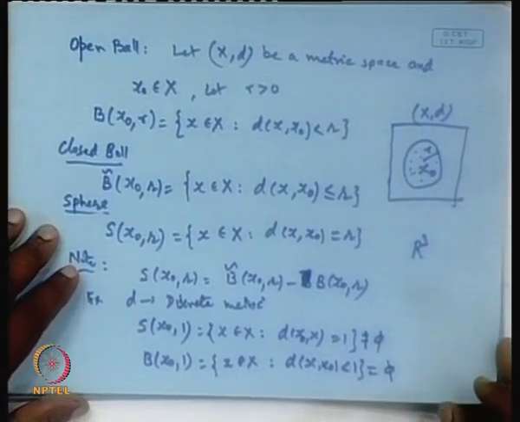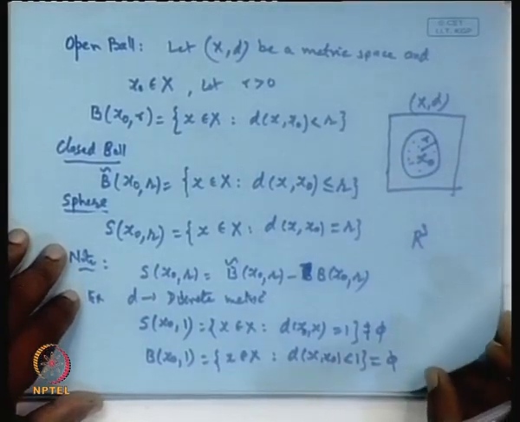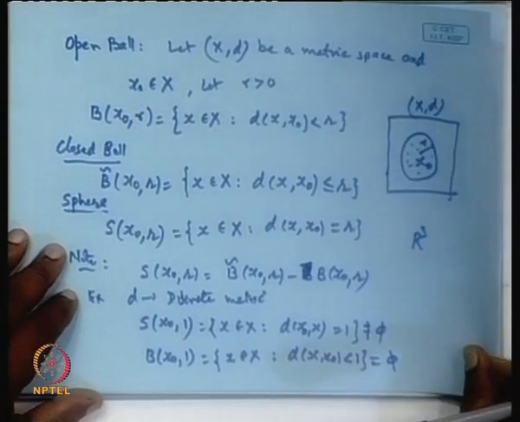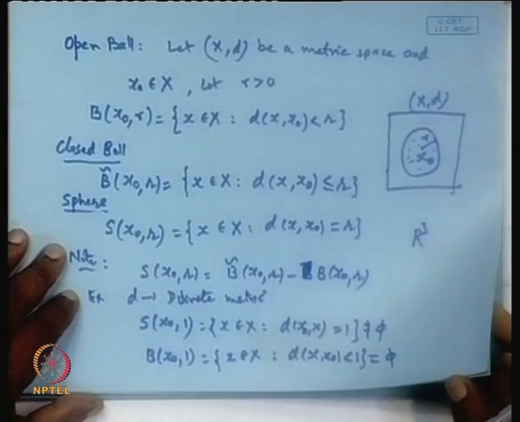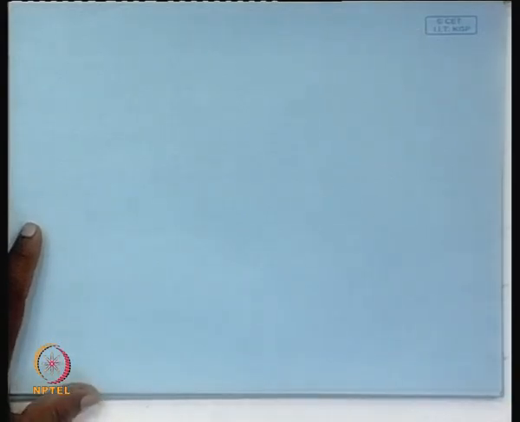So, while we enlarge the concept, we should be aware of this thing, that whatever properties are enjoyed by the ball and the sphere in R 3 may not continue to hold good in a general metric space. We can take a few examples.